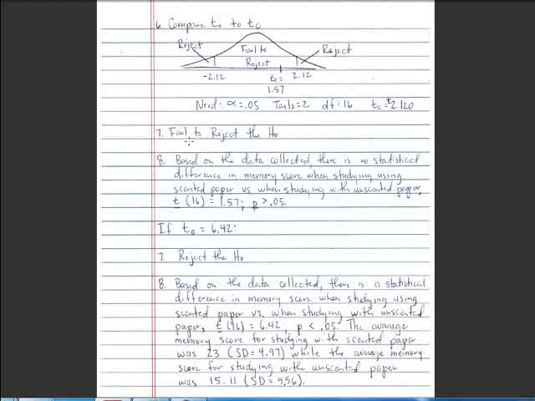So let's jump down here. Remember, when we fail to reject the null, that means there is no statistical difference. And the way that you would write this up for APA is t, and that's telling the reader, if they were to see this in a journal, that you did a t-test. And it's underlined. If you were really typing this up, which is what you would do for APA, you would actually italicize that t.